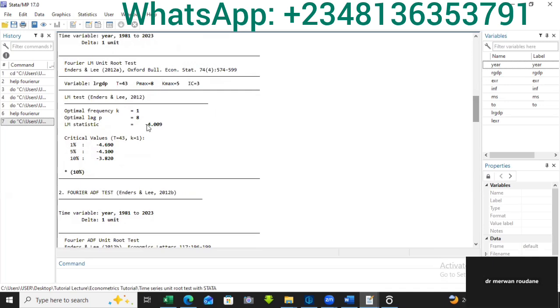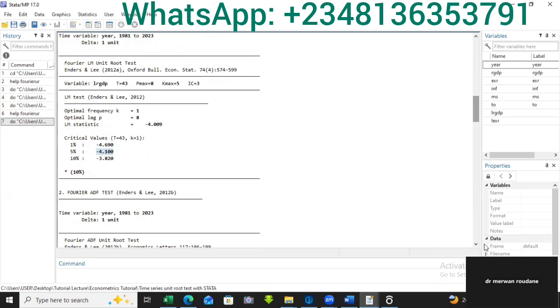When I compare this with the critical value at the conventional 5% level, you can see this LM statistic is less negative than this. Therefore, according to this LM test, this series is not stationary. It contains a unit root because you cannot reject the null hypothesis.